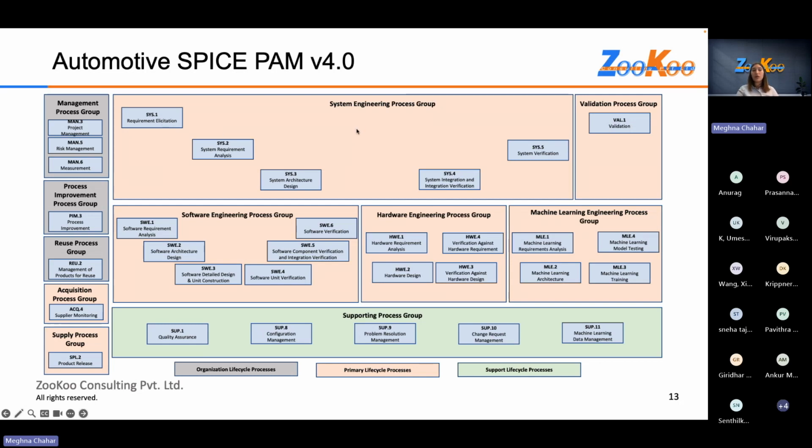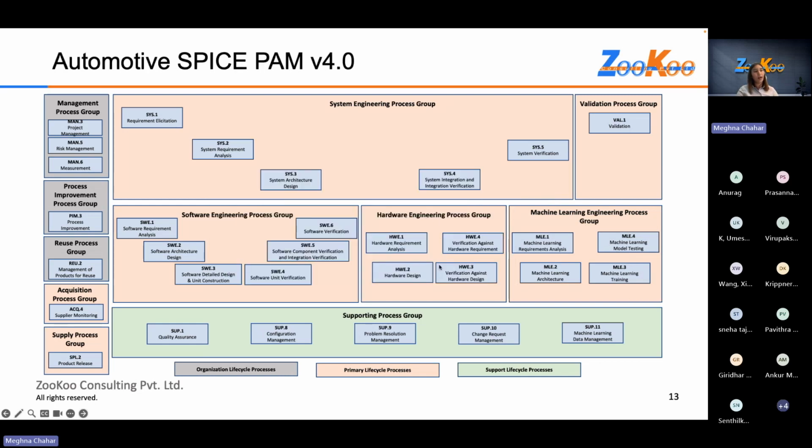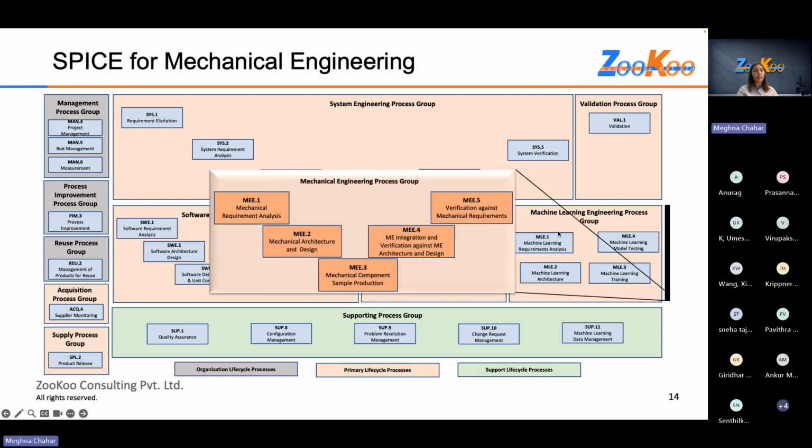Now, based on Automotive Spice 4.0, Mechanical Spice. This diagram I have taken from the PAM, which is already present on Intacs. What they are trying to show is that, similarly to how we had hardware and machine learning, mechanical can come up as a plugin to our Automotive Spice, next to machine learning or hardware, and they have come up with these 5 processes.